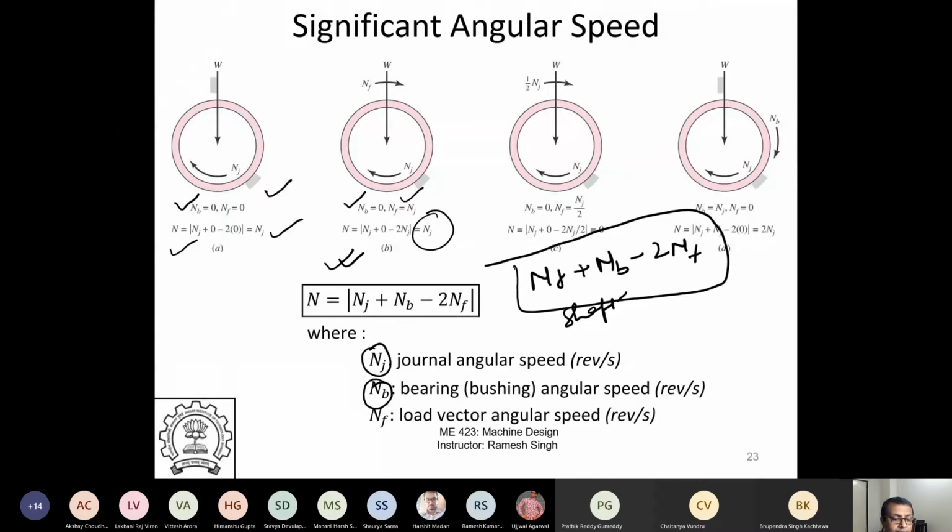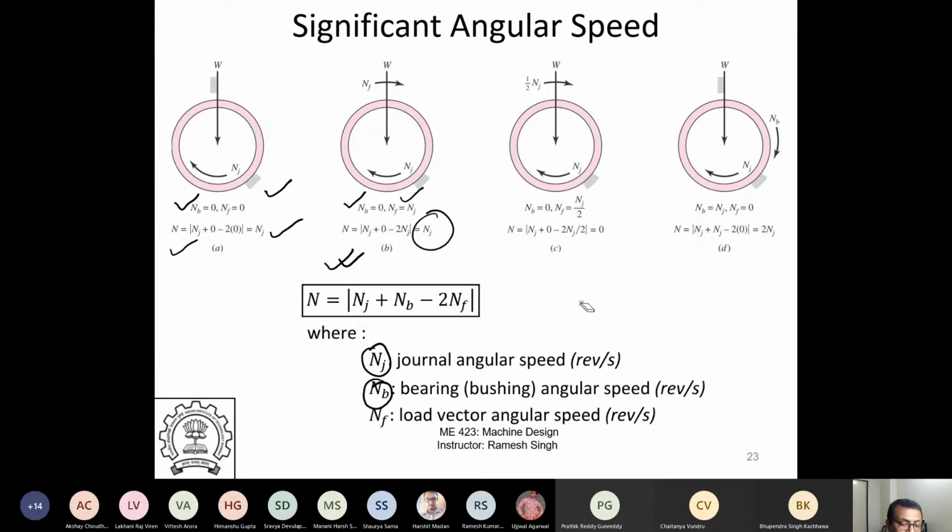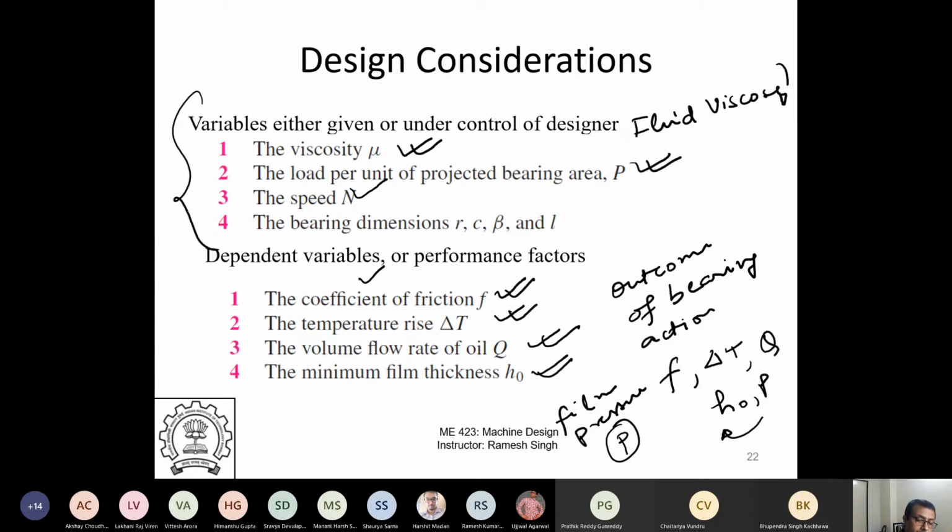So that's how you get your values of N. In a case where bearing is 0 and load is half the journal, you will get 0 net angular rotation.